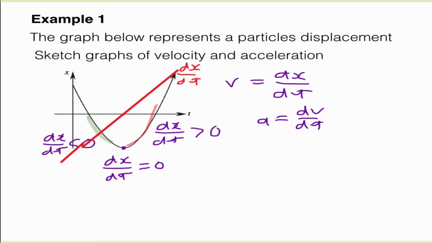If you think about it, that red straight line has a positive gradient, so there'll be some positive function. We don't actually know the value, so we'll just arbitrarily draw it. That function there will be our a equal to dv/dt, or the second derivative of displacement. So you can see how we can use the graph to actually sketch key parts of our functions.